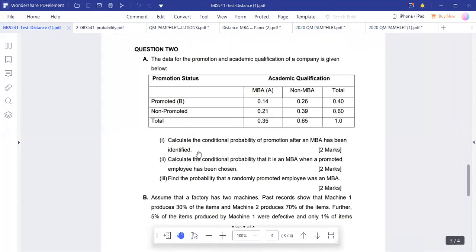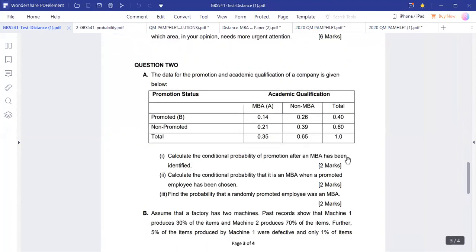What is the probability? So we're given the information of the status of being promoted or non-promoted, MBA, non-MBA, and the total. So here, what is the probability of the promotion after MBA has been identified?